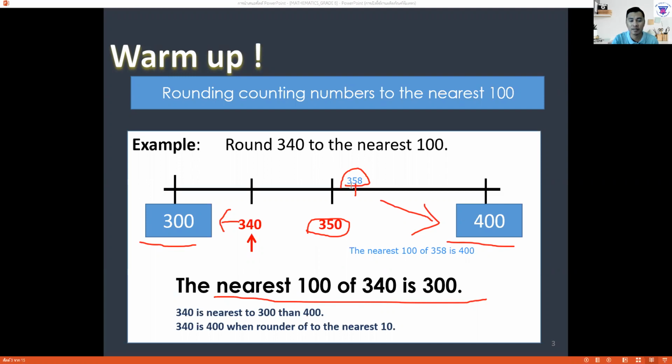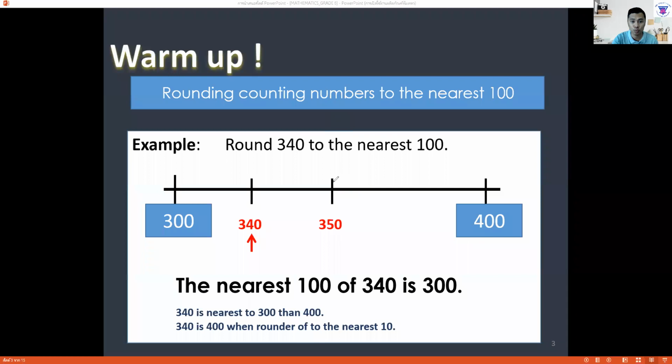Since it is already after 350, because we add 8, that means it's already close to 400. So the nearest 100 of 358 is 400. Okay, very good. Good job. So make sure you check the in-between numbers, or the middle.